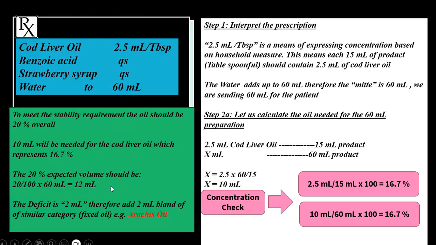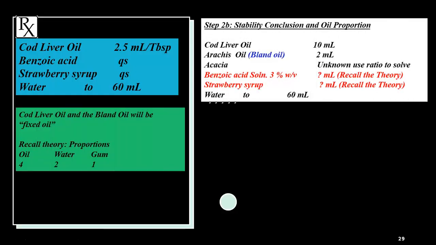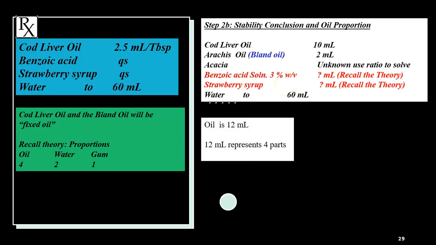So 2 ml needs to come from somewhere, and we are going to use arachis oil as that 2 ml of bland oil. So now you need to go and figure out the primary emulsion, the oil water gum, 4:2:1. Also for this scenario, I'm giving you benzoic acid 3% instead of the 5% in the previous example, and strawberry syrup. So of course you need to be able to recall the theory. If you do not recall the theory, you cannot do the calculation.